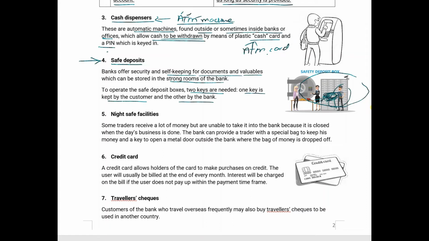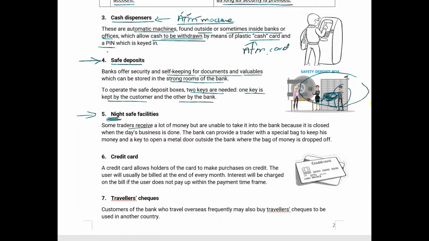For this facility, you have to pay a certain amount of money to rent the safe deposit box. Next, the night safe facility is somewhat like the safe deposit, but this one is specifically targeted at the night, when you want to save money at night.